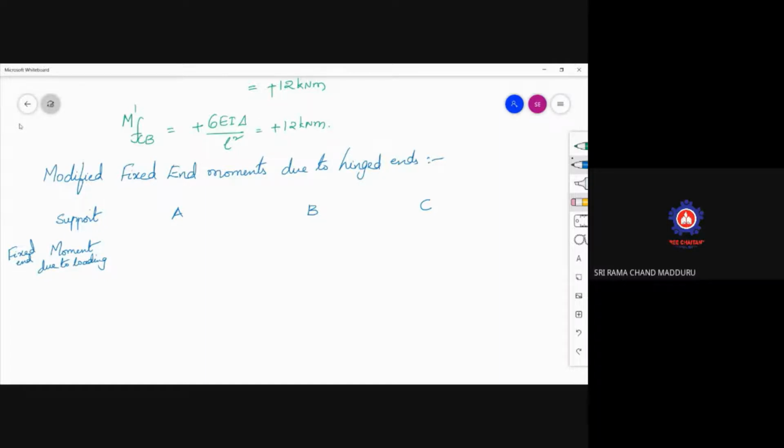So in that case, what are the moments? Minus 16. So this is nothing but the support moment AB. So here you will be having two things: one is BA, and the other is BC. And the last one is CB.